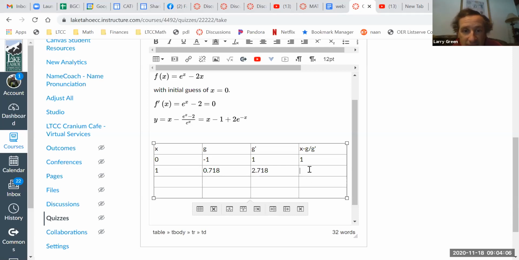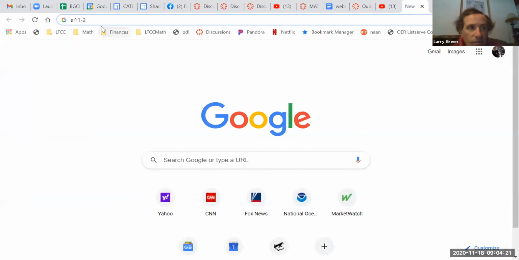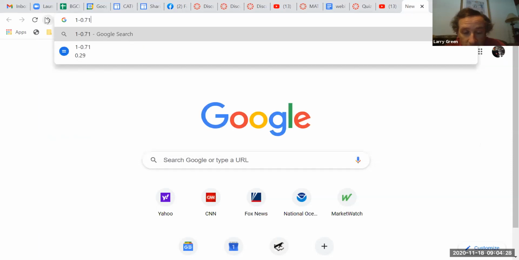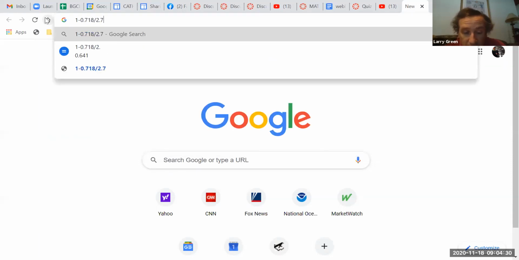Okay. And then we're going to take x minus g over g prime. So we're going to take 1 minus 0.718 over 2.718. Any questions on that? So 1 minus 0.718 over 2.718.